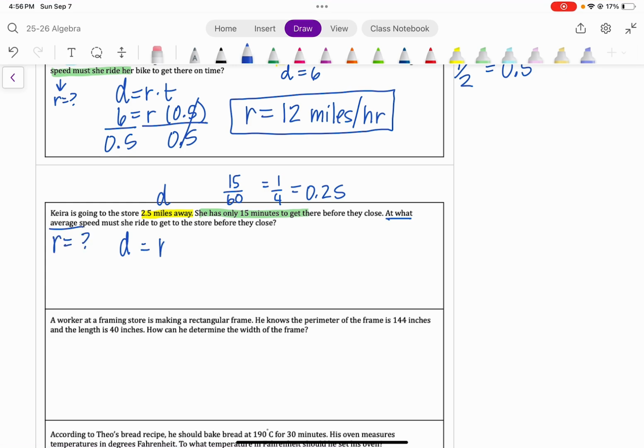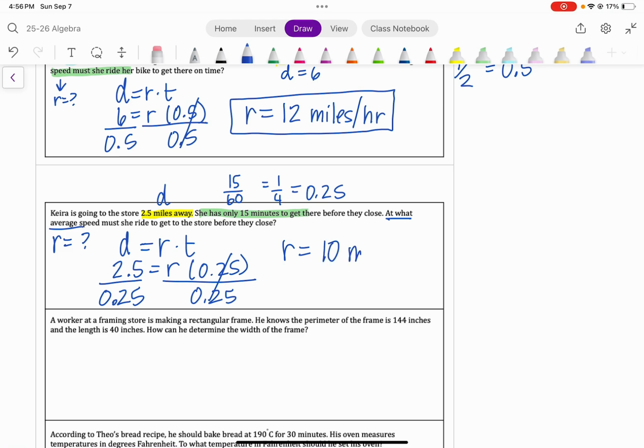So distance equals rate times time. We'll fill in first. The distance is 2.5. We don't know our rate, but we know our time is 0.25. And when we divide both sides by that number, we'll get that R equals 2.5 divided by 0.25.